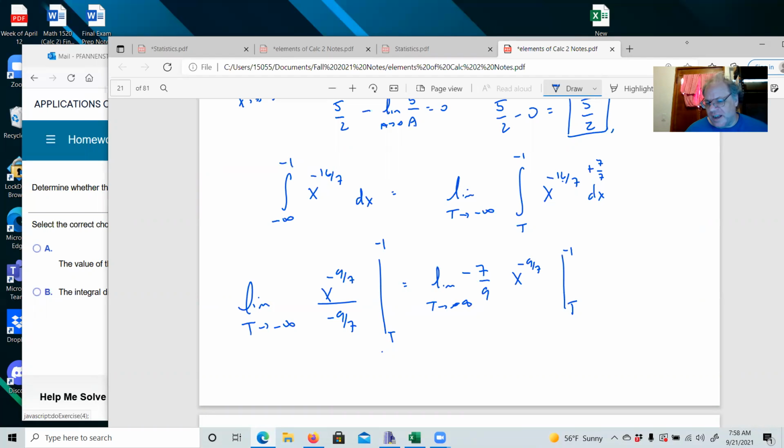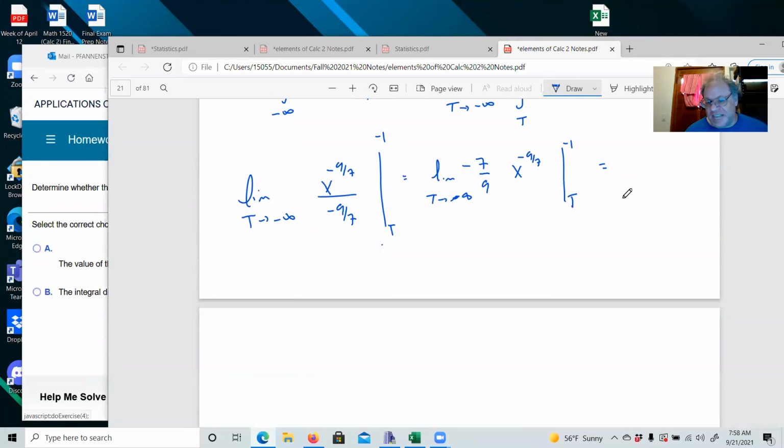Every time I have a negative sign, I like to do this with my integrals, because if I have a chance of messing it up, this is where it's going to happen. So in order to reduce the number of stray negative signs in my problem, I will generally say this is the limit as t approaches negative infinity of 7/9 x to the -9/7 from -1 to t.